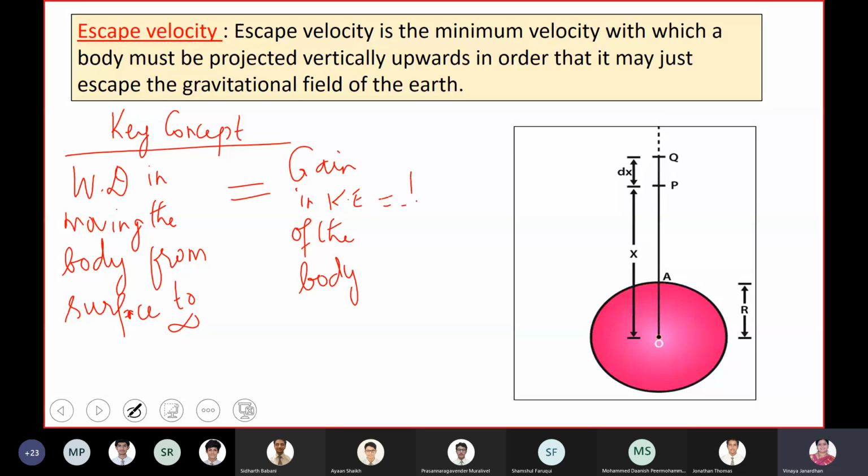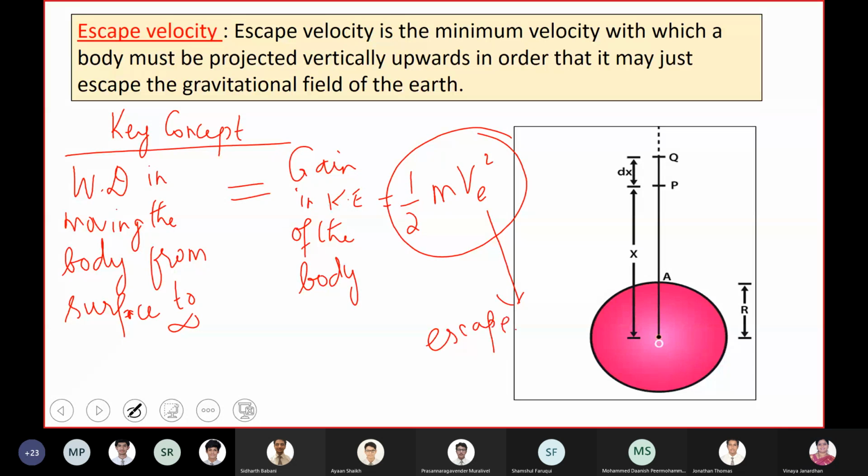So that is half m ve squared. This ve is your escape velocity. So you have to find the work done, equate it to half m ve squared, and from there get an expression for ve. Is that clear, boys? So that will be your key concept.